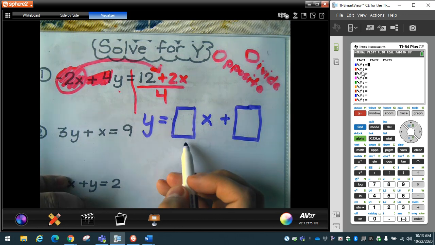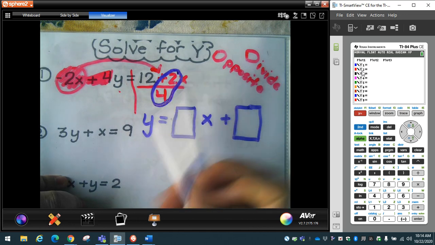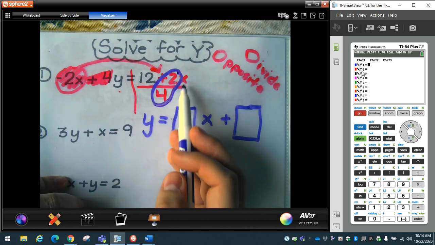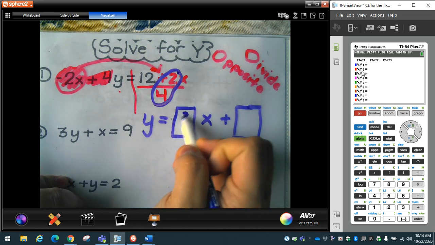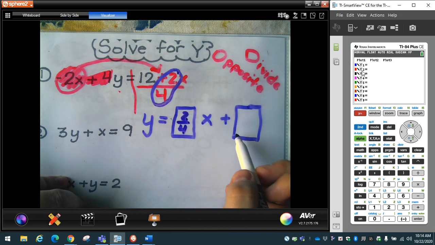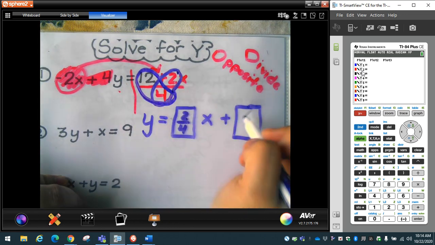My m is my slope, and my slope here is 2 divided by 4 because it's next to x. This box is also next to x. So I'm going to have 2 divided by 4. Now here's my y-intercept. My y-intercept will be this one, 12 divided by 4.